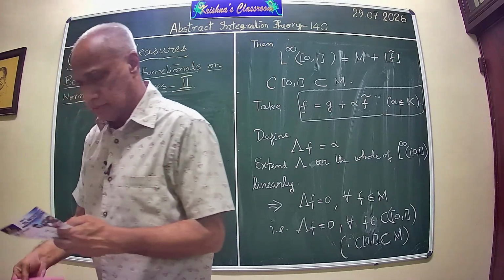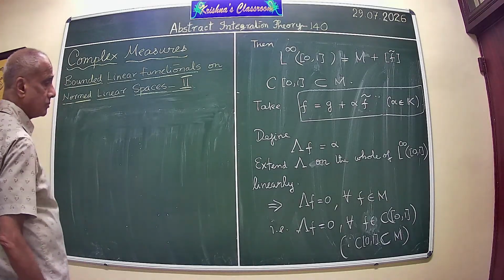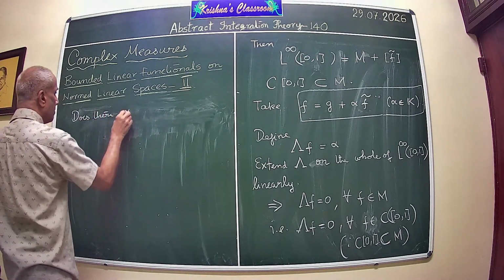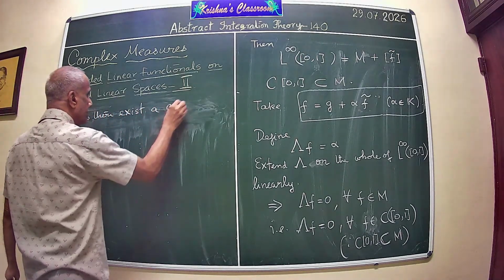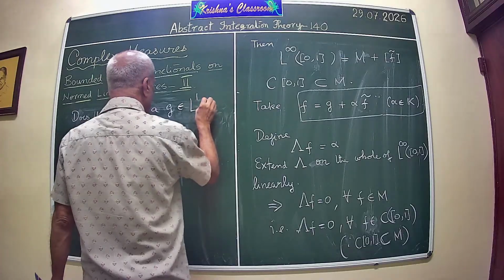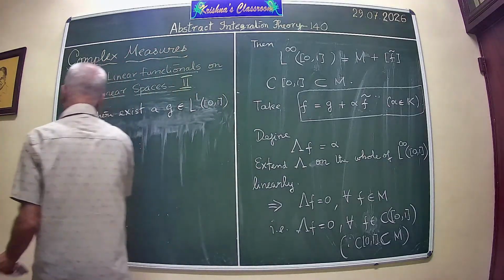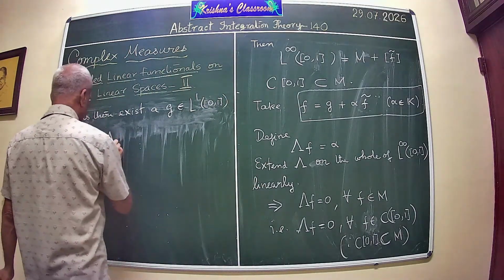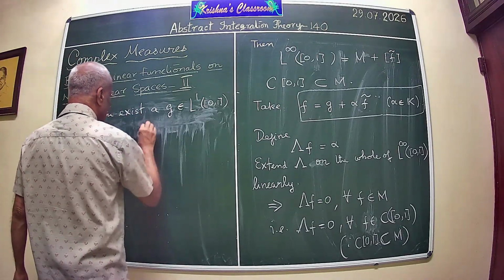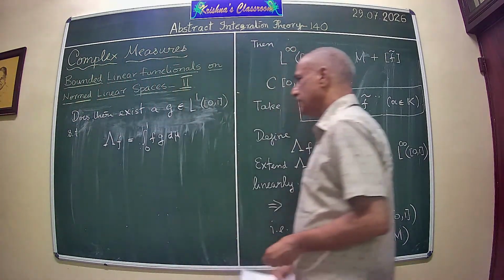Now the question that you ask is this: does there exist a G belonging to L1[0,1] such that lambda F is equal to the integral from 0 to 1 of F G dm?